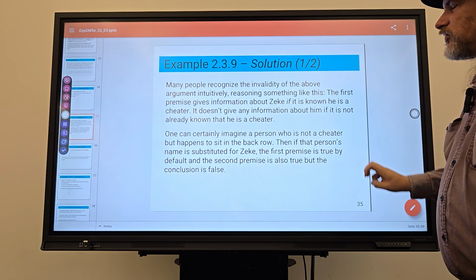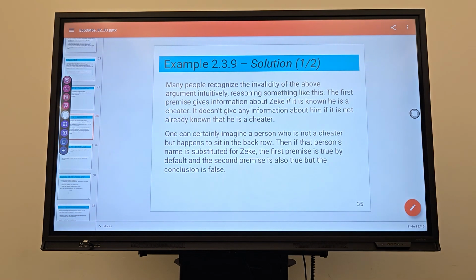It's not biconditional, so it doesn't imply the other direction.